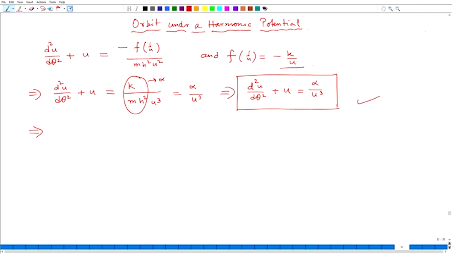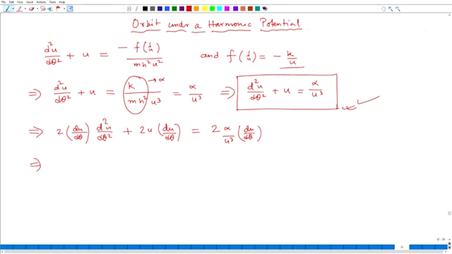I will use some mathematical trick to multiply this equation by 2 du d theta. If I do this, 2 du d theta times d2u d theta 2 plus 2 u times du d theta is equal to 2 alpha by u cube du d theta.